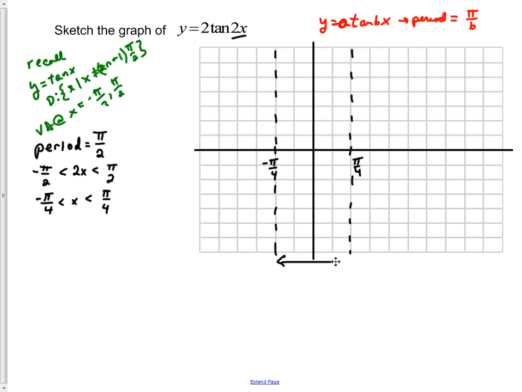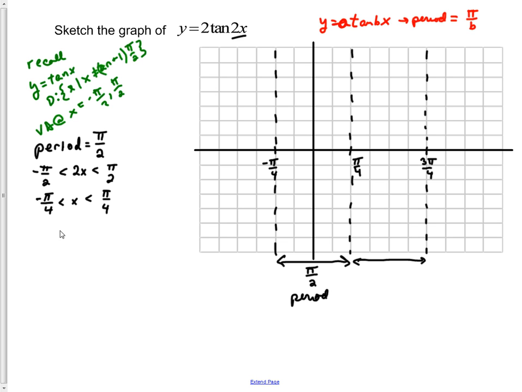So to get any other vertical asymptotes, we're going to add pi over 2 again. So pi over 4 plus pi over 2, what is that? Well, that's 3 pi over 4, our next vertical asymptote to the right. We would go to negative 3 pi over 4 for our next vertical asymptote to the left of negative pi over 4. But for right now, this is pretty good.